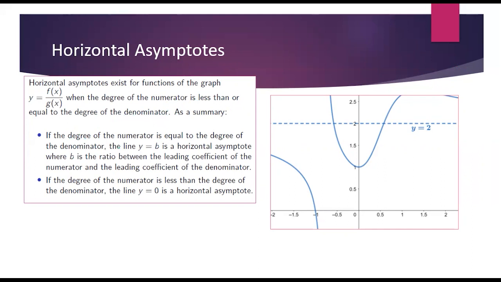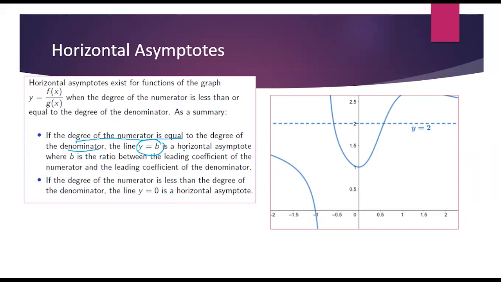As a summary, if the degree of the numerator is equal to the degree of our denominator, then you have the line y is equal to b, which is your horizontal asymptote.